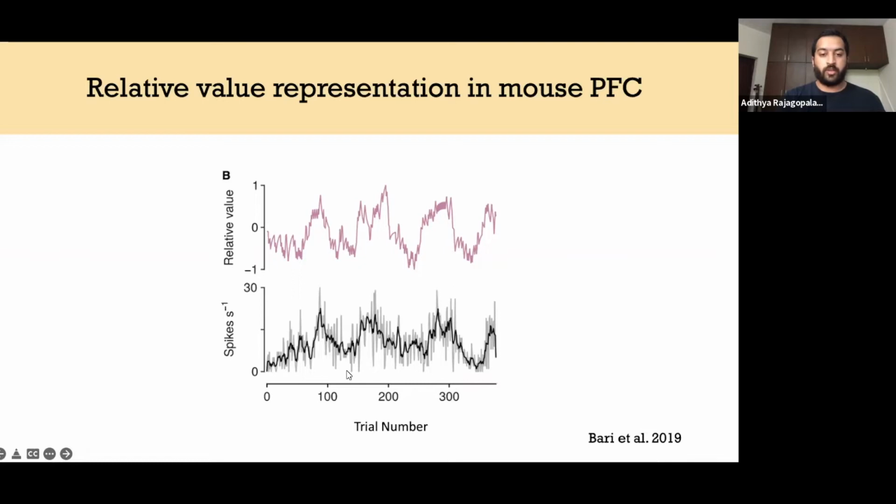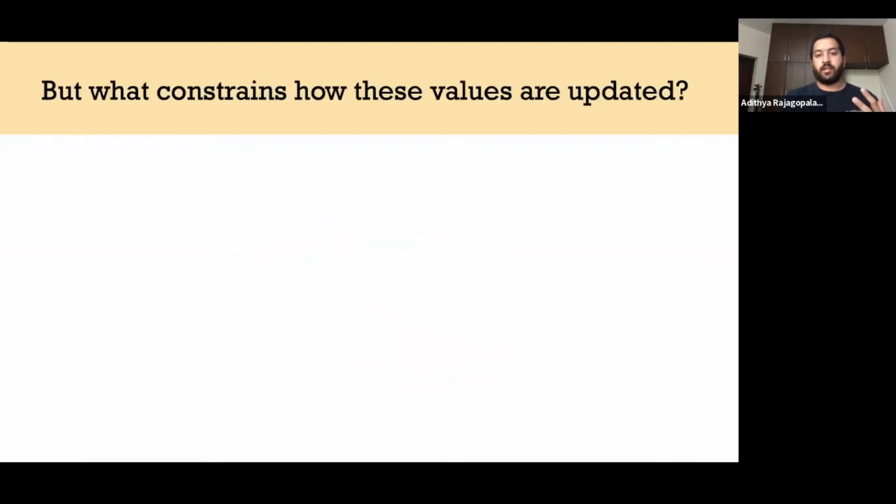So in the bottom, you can see the spike rate, and in the top is the relative value over trial number. And so you have these examples of how value is represented in the brain and can allow you to estimate the ratio of rewards that the animal has received from either option in the past.